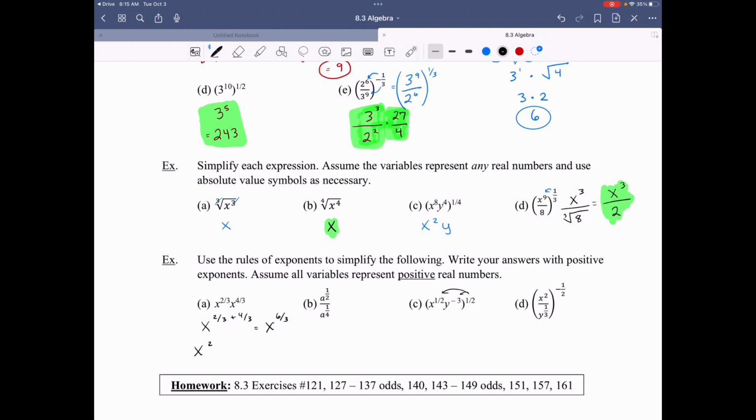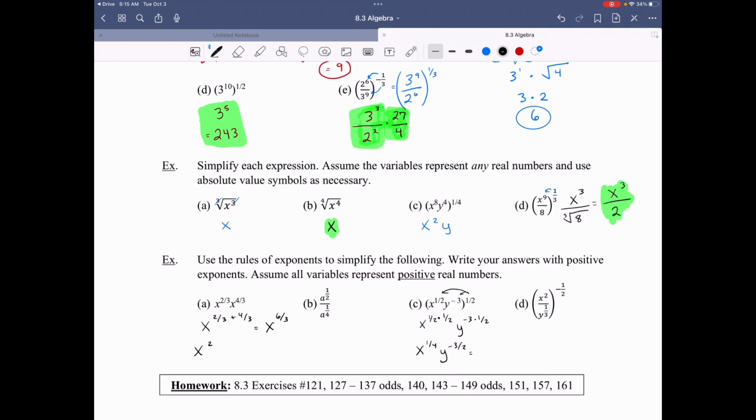Let's look at C. X to the 1/2 times 1/2 is written like this. And then y to the negative third times 1/2 is written like this. Simplifying that, we get just x to the 1/4. And then we have y to the negative 3/2.